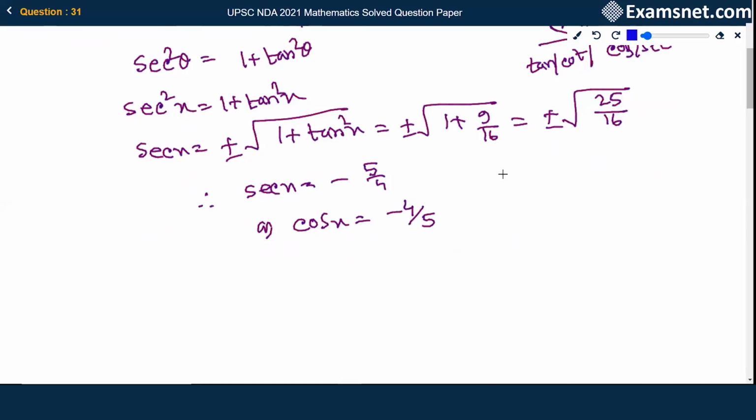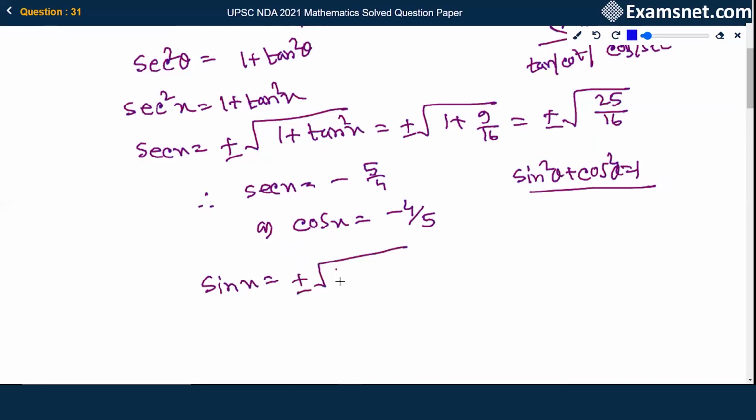And what is the relationship between cos x and sin x? There is a very famous standard formula, that is sin squared theta plus cos squared theta equals 1, right? So to find the value for sin x, we can write plus minus root of 1 minus cos squared x.